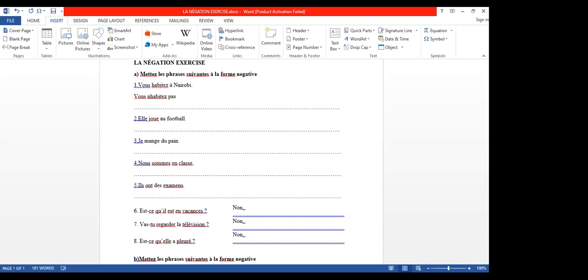We don't pay attention to any other part of the sentence, because that is our point of interest. The verb in that sentence was habiter. Vous habitez à Nairobi. That's why we've negated it to vous n'habitez pas à Nairobi. Now I want you to give us the answer for number two.